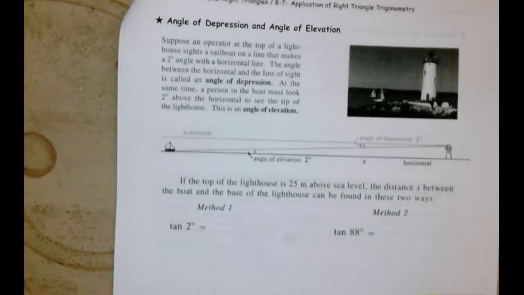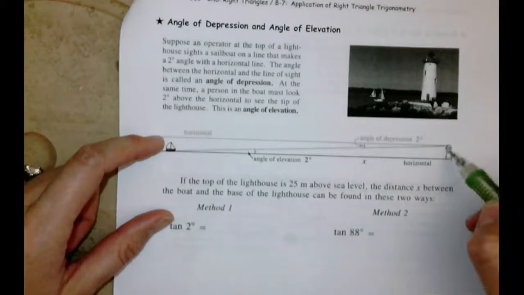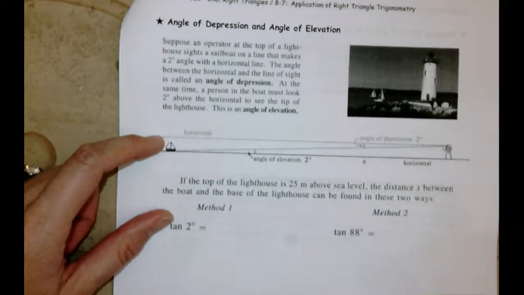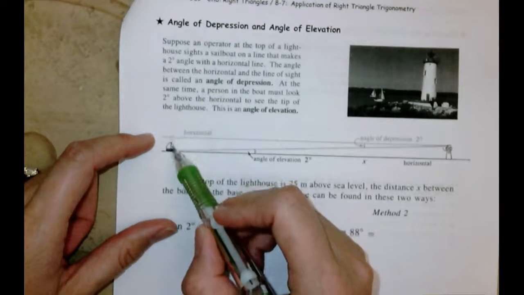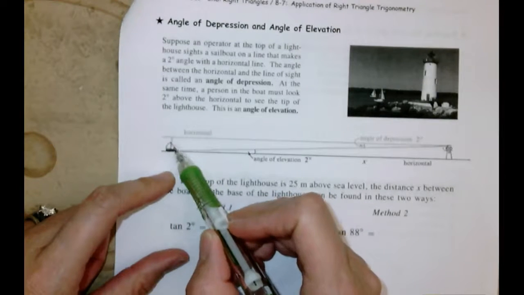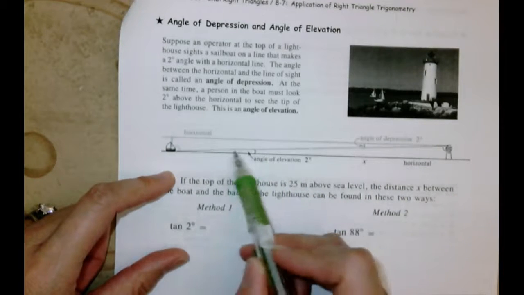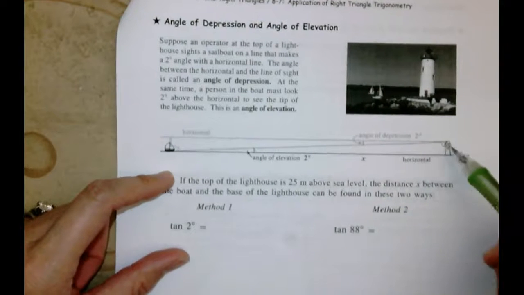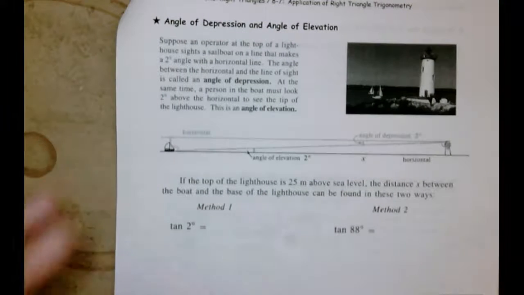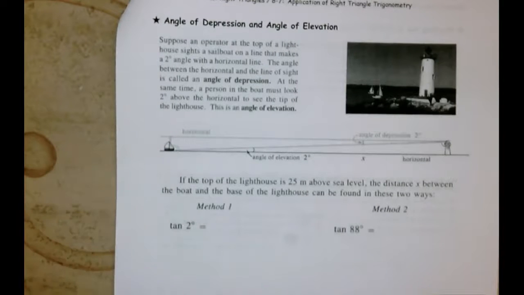And no matter how many times I say that it's relative to the horizontal line, there will always be someone who thinks that this is angle of depression, relative to the straight line right here, and that this is angle of elevation. That would be relative to the vertical line, right? One of the lines that makes the angle has to be the horizontal line, not the vertical line.